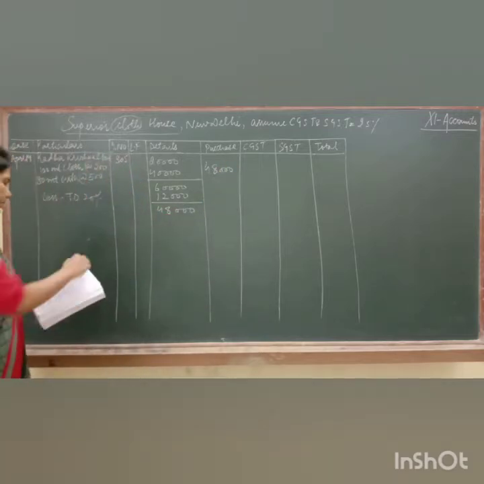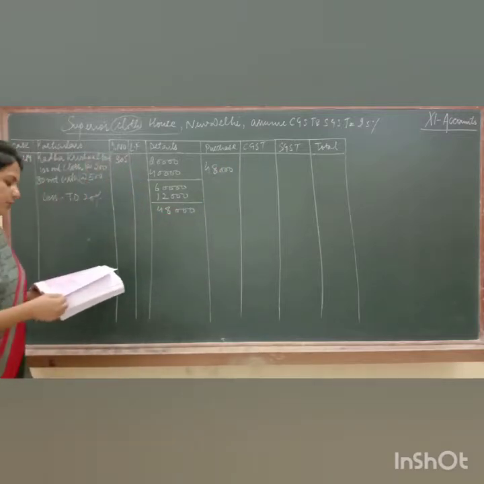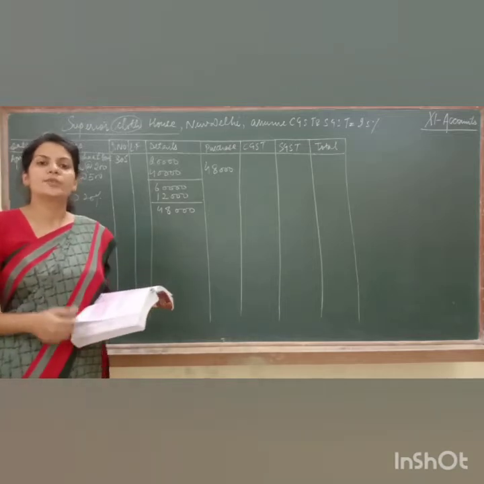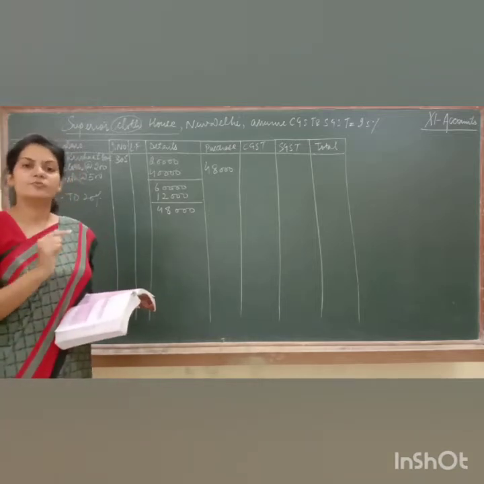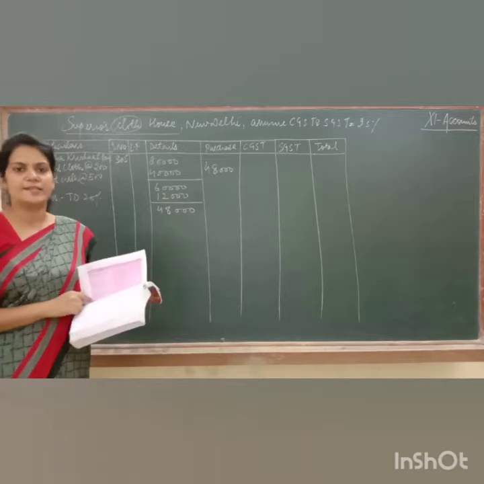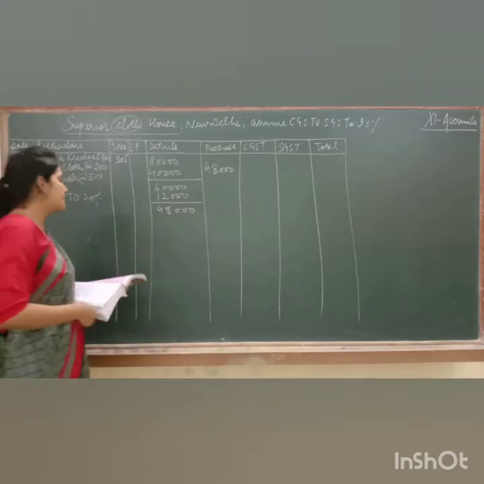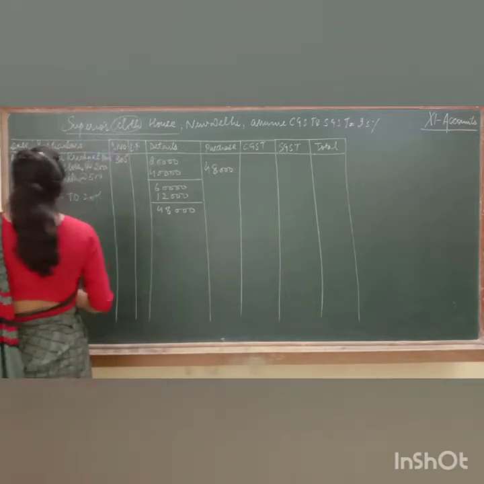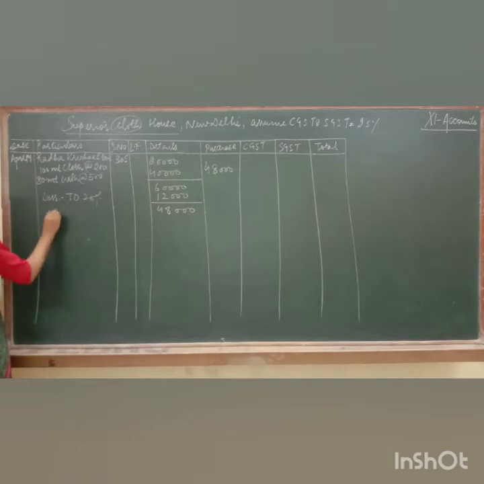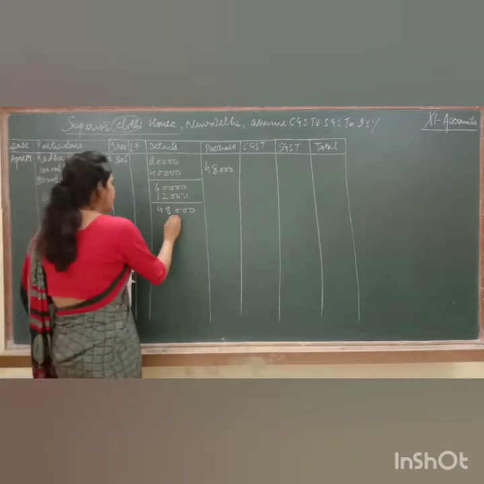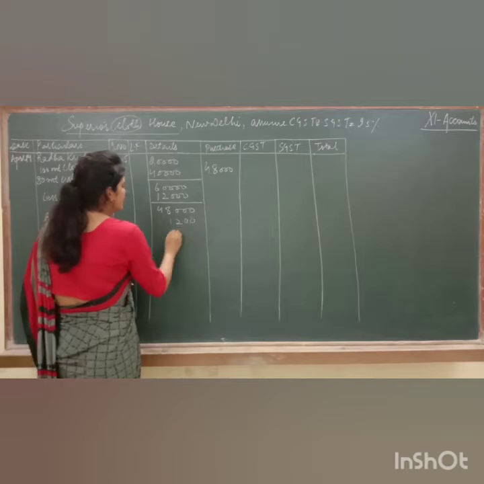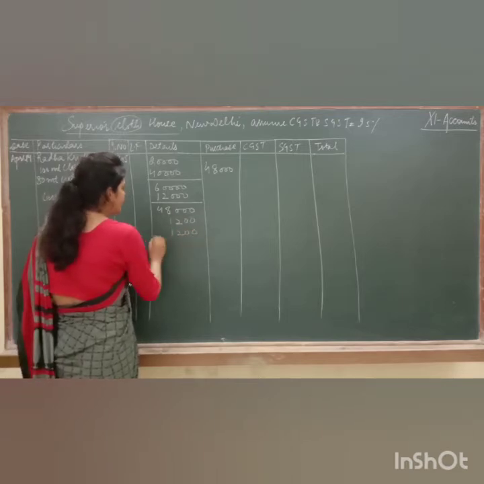Now, as we have purchased goods from Delhi only and our business is also in Delhi, it means we have to charge CGST and SGST. So CGST and SGST is 2.5%. Right here, add CGST and SGST: 2.5%, 1200 CGST, 1200 SGST.